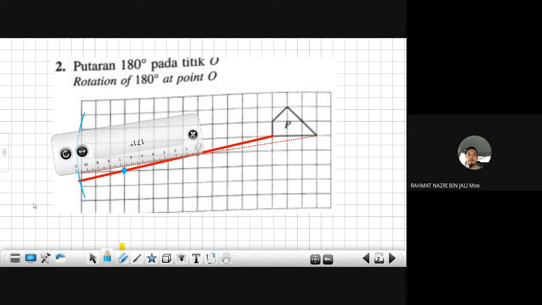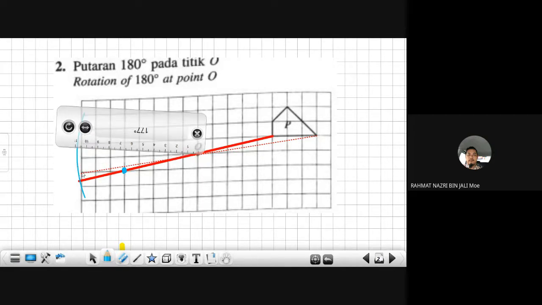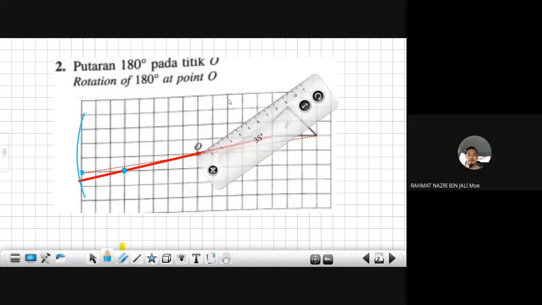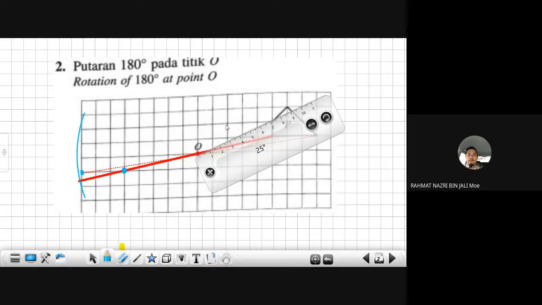Yeah. Okay, yang ketiga. Yang ketiga, we draw. Saya ambil this one, around 9.